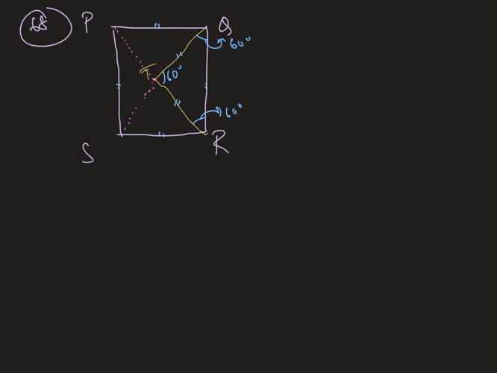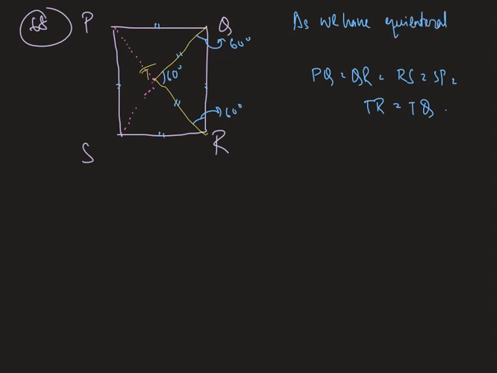Therefore we can say that PQ is equal to QR is equal to RS is equal to SP is equal to TR is equal to TQ, as we have an equilateral triangle and a square.